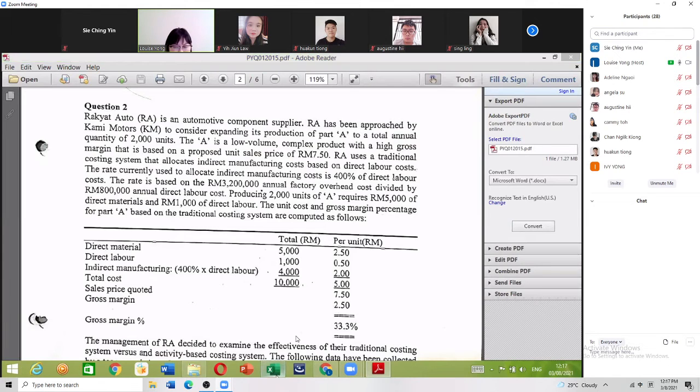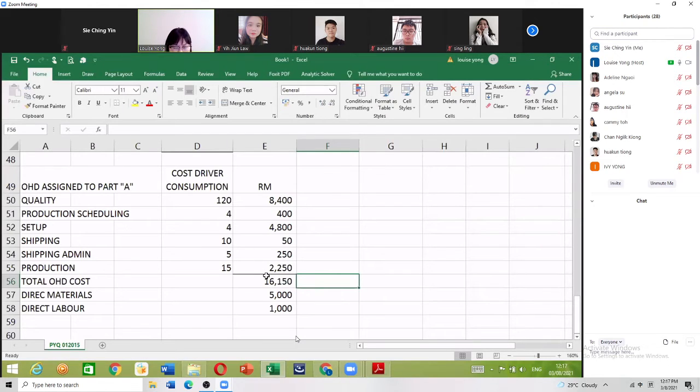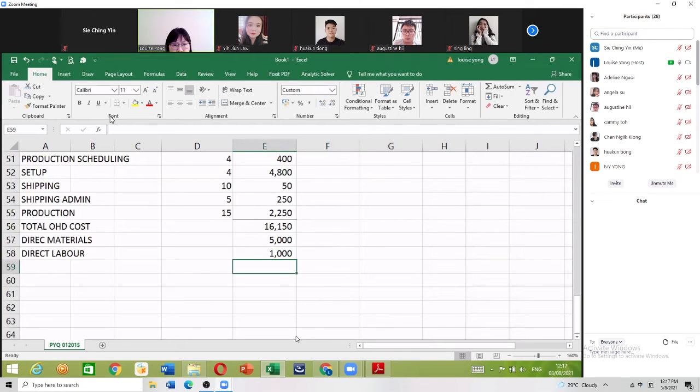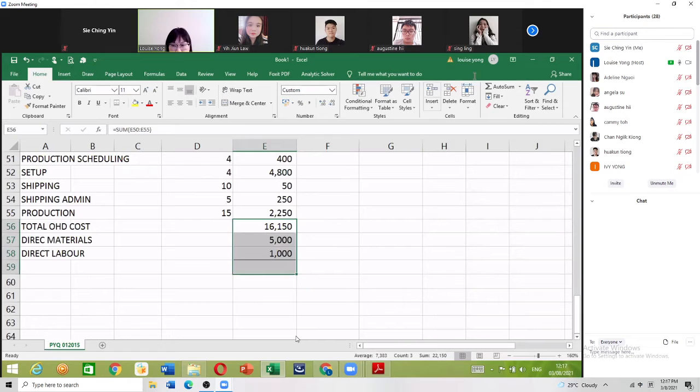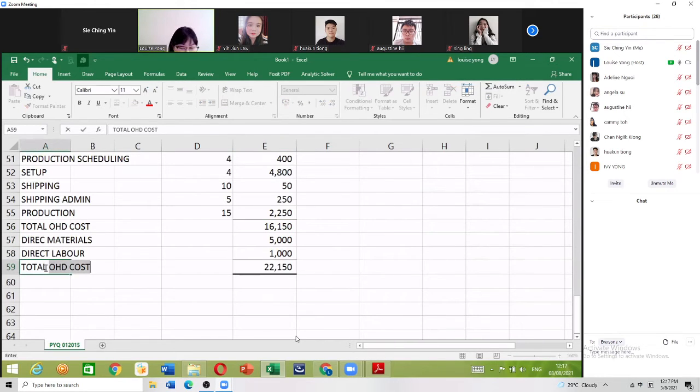And overhead based on activity based costing will be 16,150, right? So when you add all of this up, then this is your total cost, right? So this is your total cost for part A. But what is the question asking?